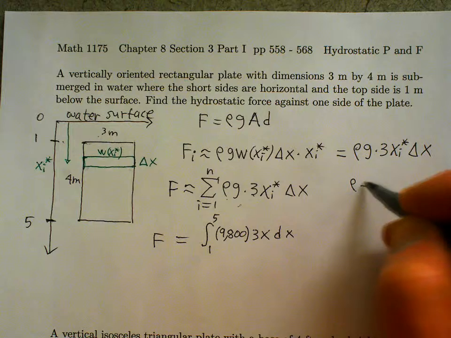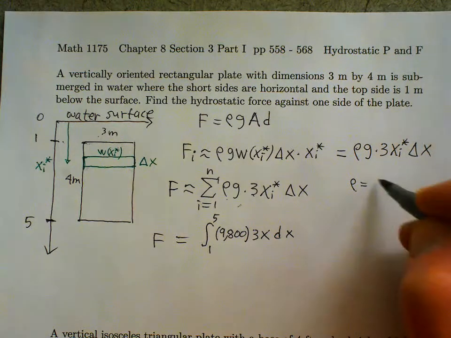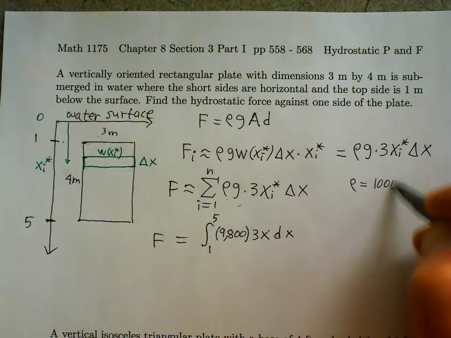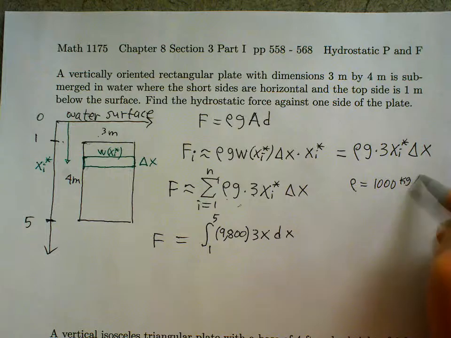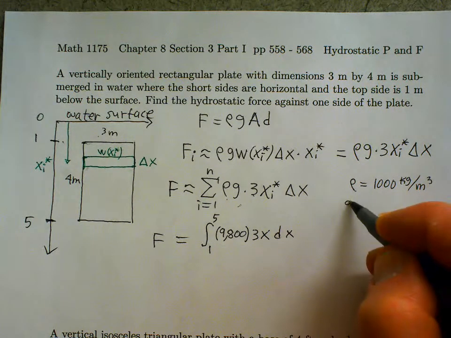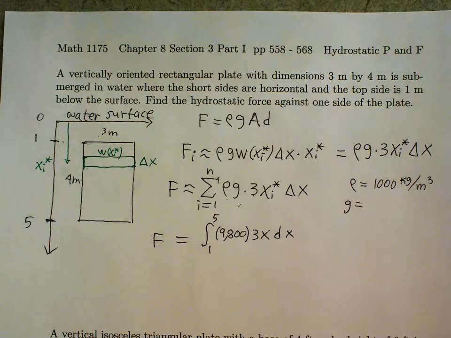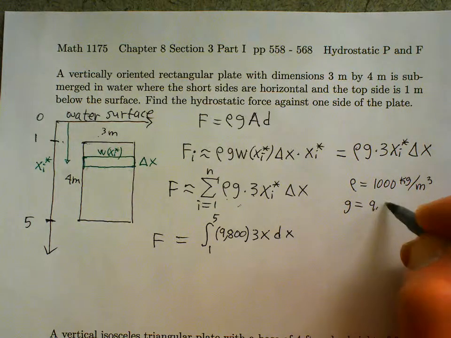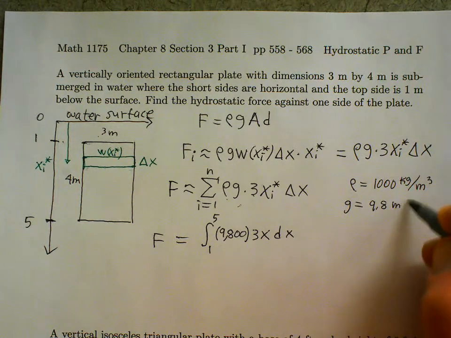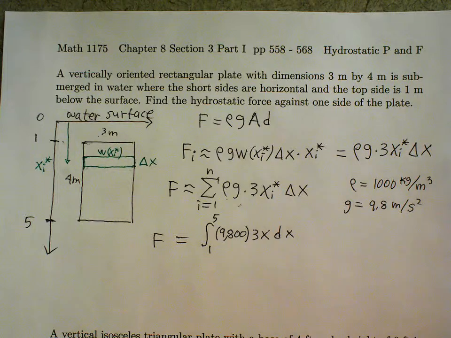If you remember, the density of water is 1,000 kilograms per cubic meter, and the gravitational acceleration is 9.8 meters per second squared. 9.8 times 1,000 is 9,800.